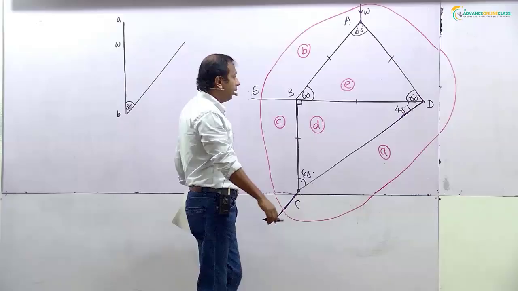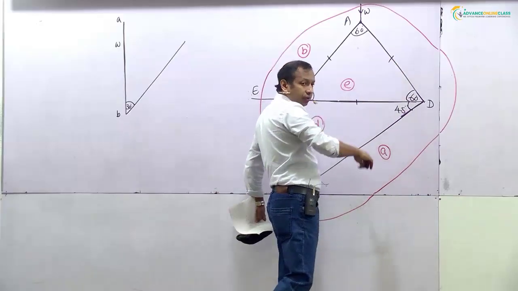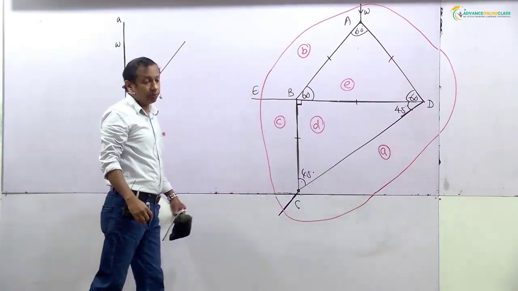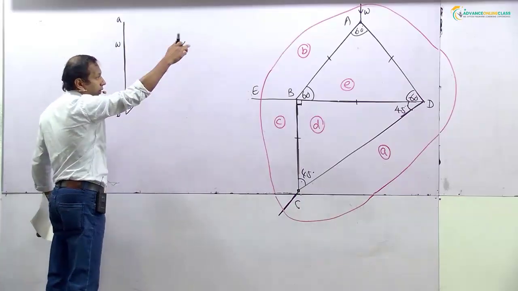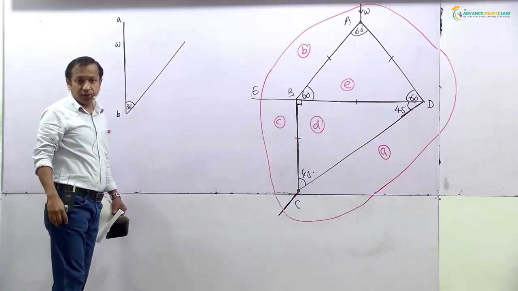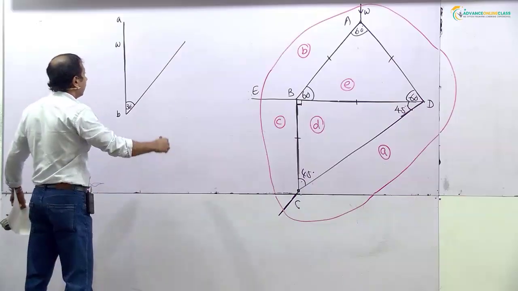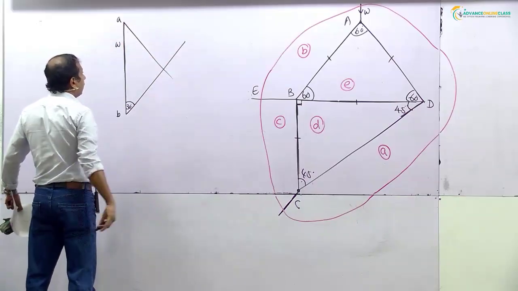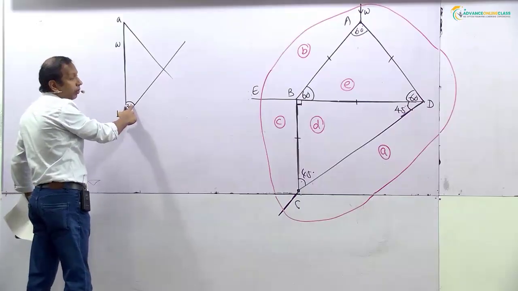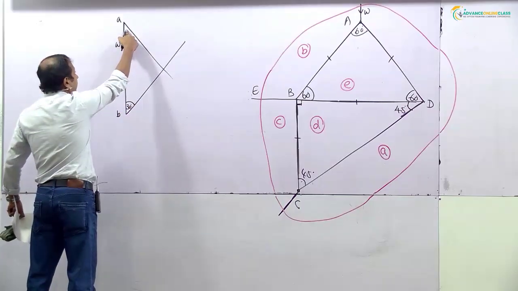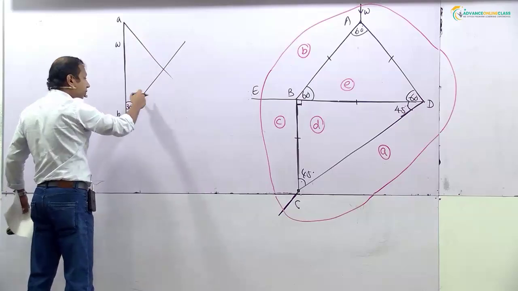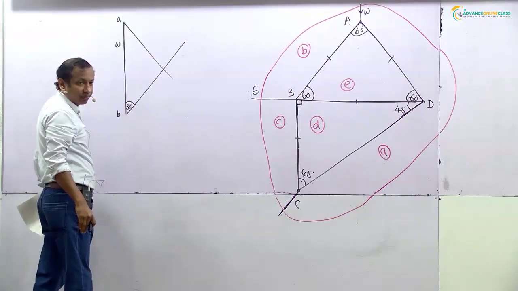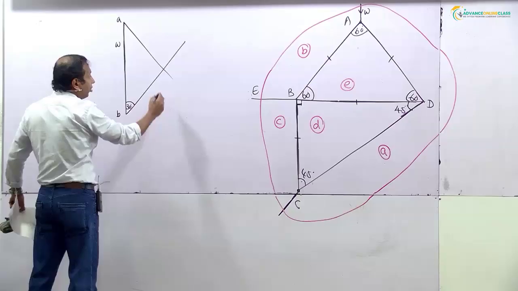And the AE line should be drawn. Through the point A, we must draw a line parallel to AD, side AE. That also makes 30 degrees with the vertical, no? You can see if this is 30, this is 30. This is an isosceles triangle. Therefore, from the vertex, when we drop a perpendicular, this point should be the midpoint of this side.